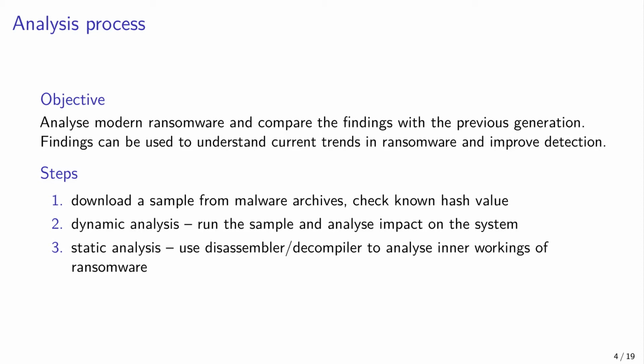Our goal was to understand the current trends in ransomware and compare the findings with the previous generation samples. All the presented samples were manually analyzed. We obtained a set of samples from public malware archives and used a combination of static and dynamic analysis using standard tools such as IDA, Ghidra, or OllyDbg.